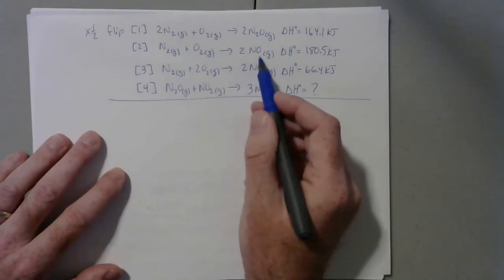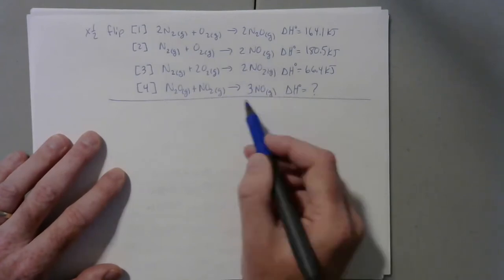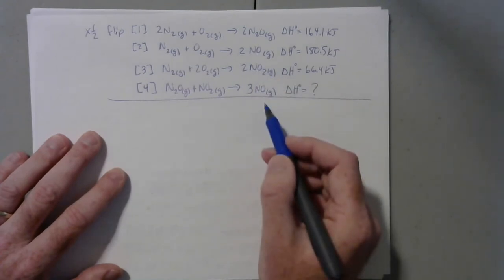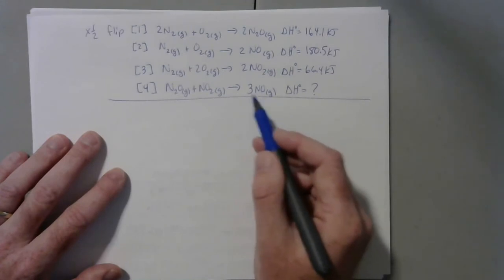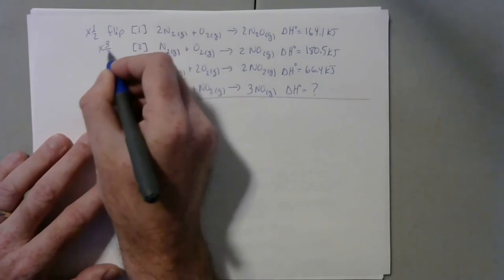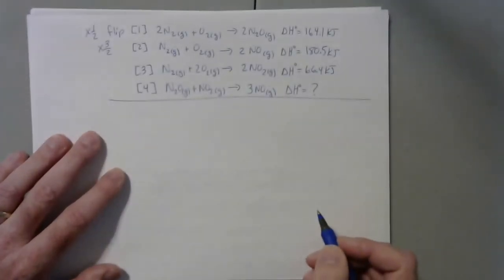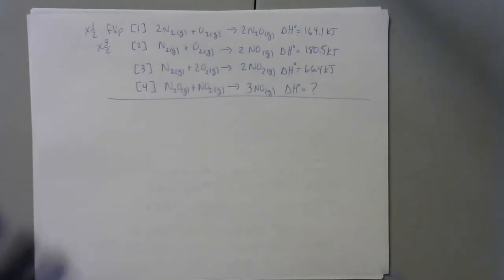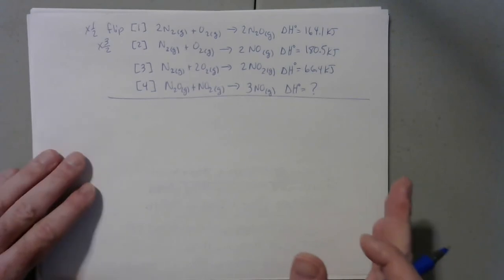Now the NO is compared to the NO down here, right side, so I don't need to flip it, but it's a 3 versus a 2. To get that to work out, you're going to have to go 3 halves. And you're going to end up with some fractions in this problem for coefficients, but they'll end up canceling by the end. So it's okay. Just let the fractional coefficients go in this case.